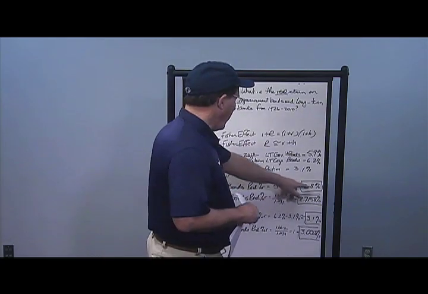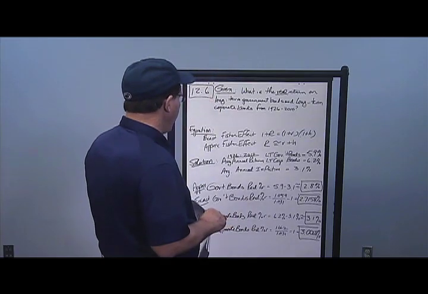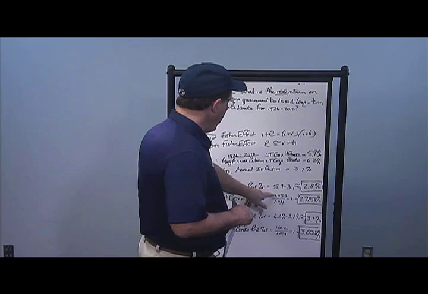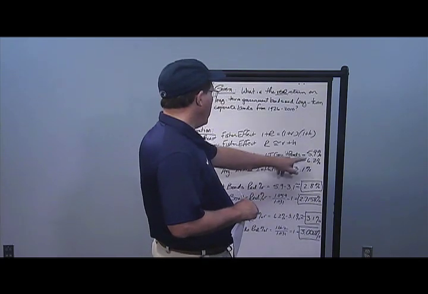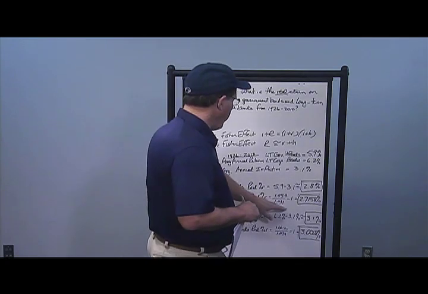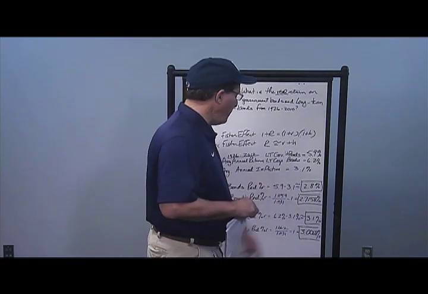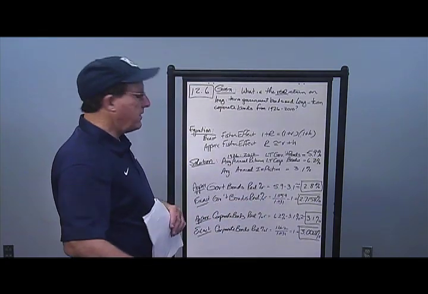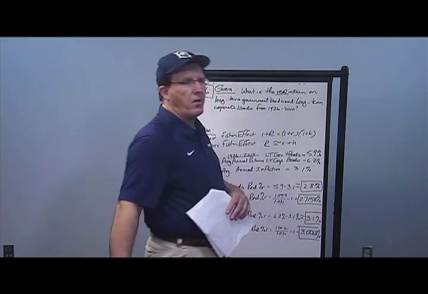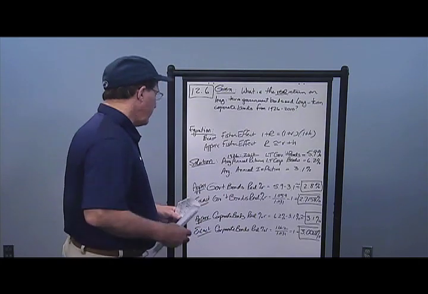And I'm going to get an approximate real return of 2.8% on a government bond. The exact Fisher effect, I take 1 plus the nominal rate of 5.9% divided by 1 plus inflation of 1.031, and I get 2.7158% for the real rate of return. Very close to my 2.8% approximation. I'll take it. Very good estimate.